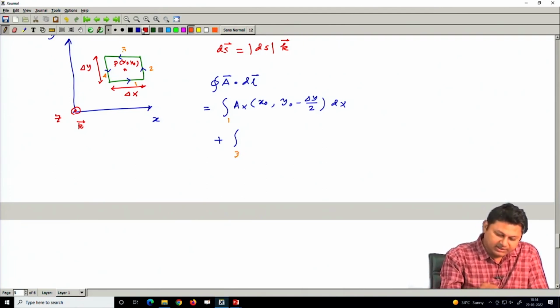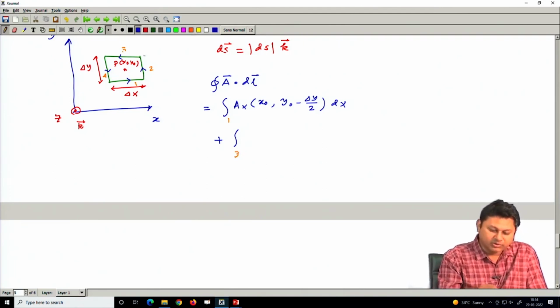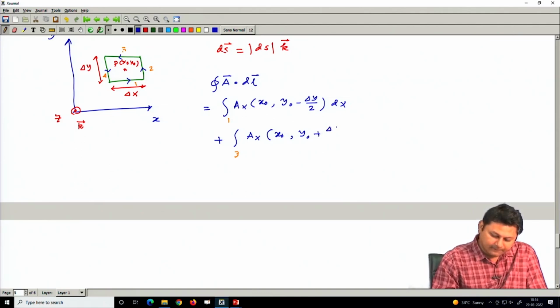There is a special reason I take 1 and 3, and 2 and 4, because they are in opposite directions. So, I have A x here as previously, and then x0, and now I have y0 plus delta y divided by 2, because in 3 this is y0 plus, and dx.